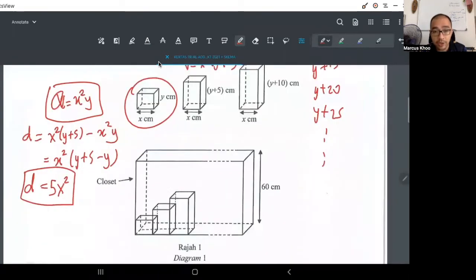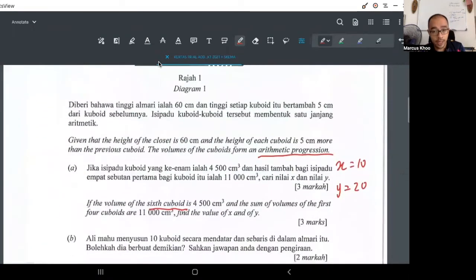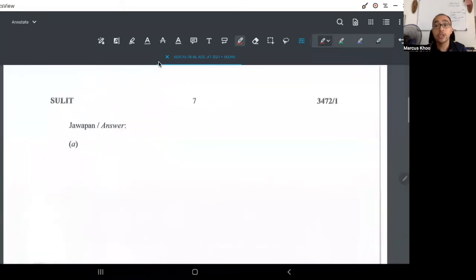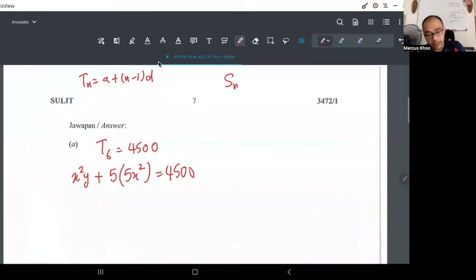The second equation will come from the sum of volumes of the first 4 cuboids being 11,000. So the sum is Sn equals n over 2, 2a plus n minus 1 d. And they check up the first 4, S4 equals 11,000.